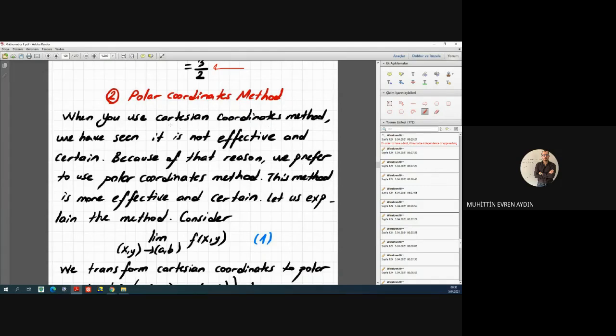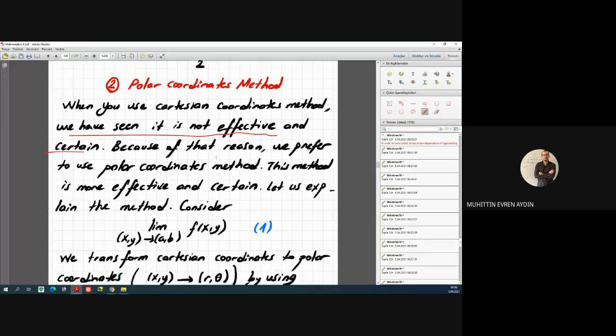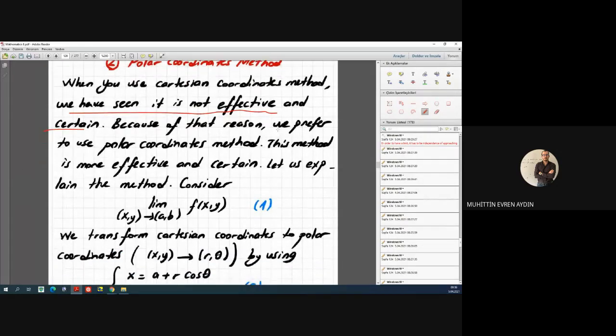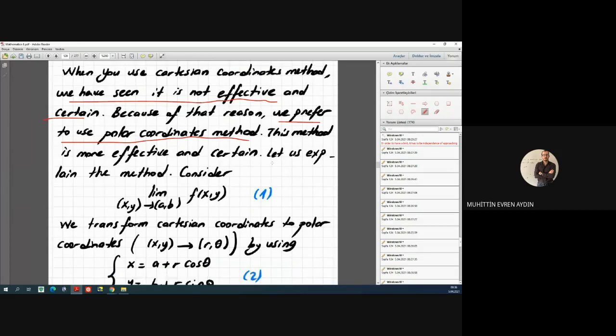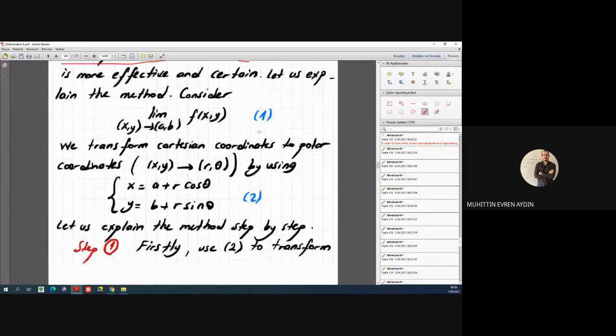When you use the Cartesian coordinates method, you can conclude that it's not too effective or certain. Therefore, we prefer to use the polar coordinates method. This method is more effective. So let's explain it. Consider this limit, limit 1.